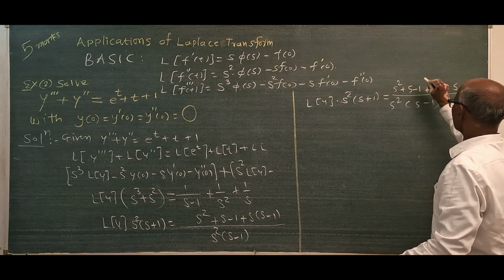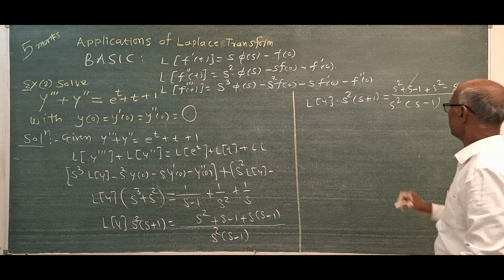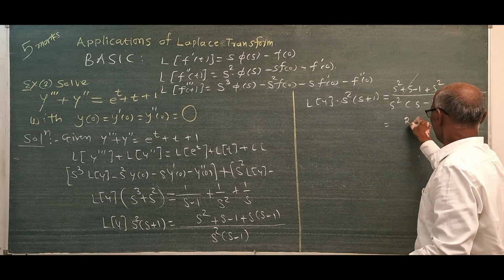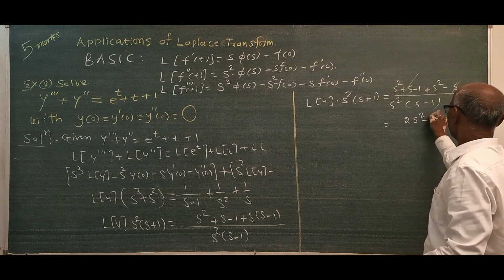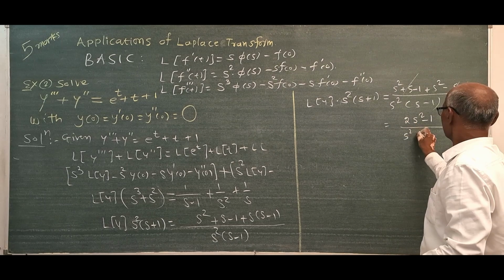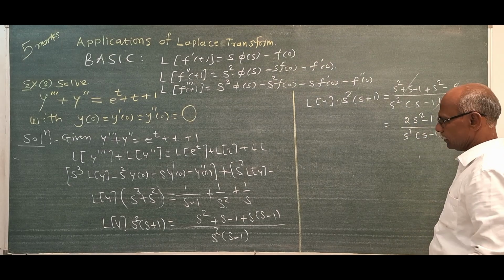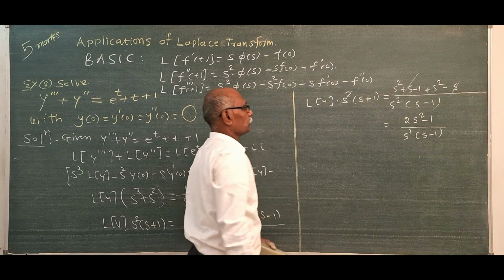So this s will cancel. Okay. And what we get is s square plus s square, 2s square, and then minus 1, divided by s square into bracket s minus 1.